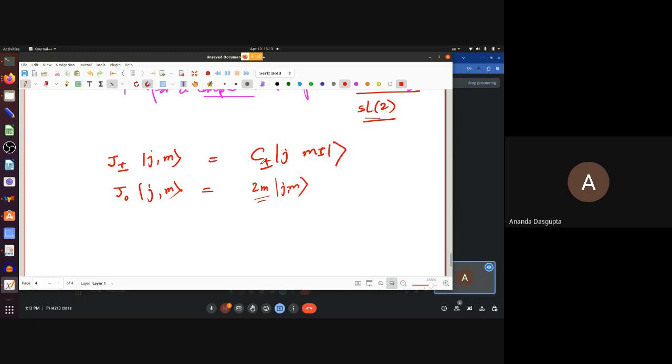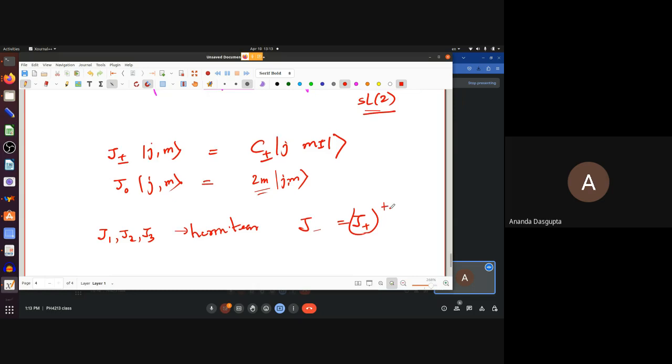But when you derive this whole thing, you use the fact, for example, that J1, J2, J3 are Hermitian operators. So J minus is actually the adjoint of J plus. All of these results you really use.